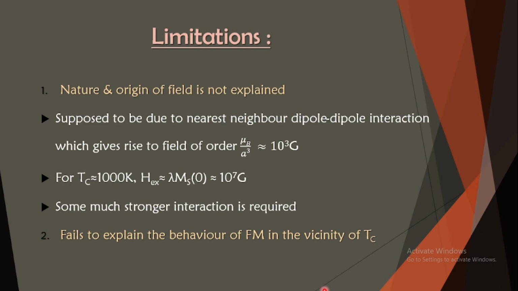So what actually happens in the neighborhood of the transition temperature is not explained, which is another important limitation. Also it is said that the Weiss constant is independent of temperature, but experimentally it is found that it differs slightly with temperature, which can again be a limitation. But mainly these two reasons are very important.